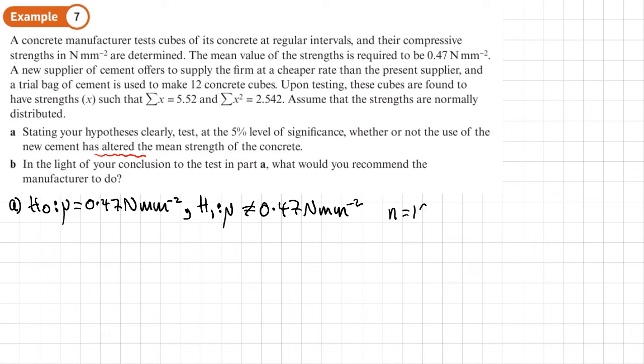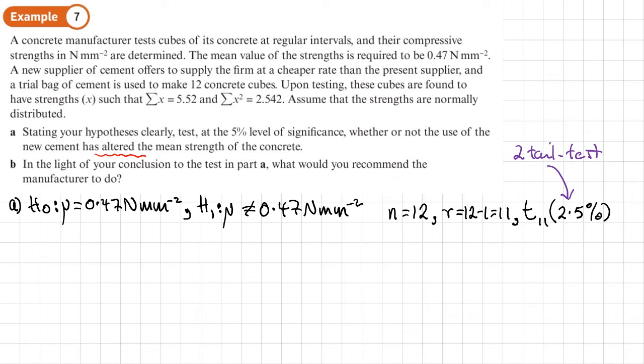Sample size n is 12, degrees of freedom 12 minus 1, which is 11, and then our t distribution is going to have 11 degrees of freedom, and we're testing at 5% level of significance. Because this is a two-tail test, each tail is going to be 2.5%.